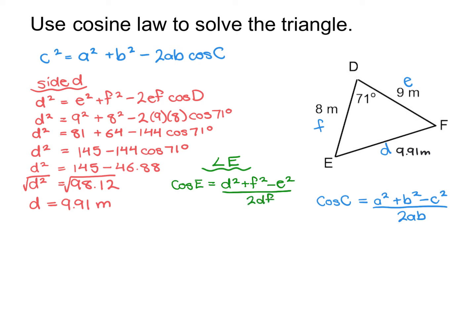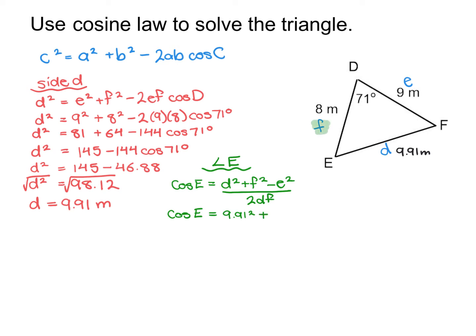Now let's substitute the letters with actual numbers. So let's write cos of angle E. Well, E is just E because we don't know what it is, so we're going to leave it as capital E. Is equal to, next we have D squared. Well, D happens to be 9.91, so we're going to write 9.91 squared instead. Now next we have plus F squared.